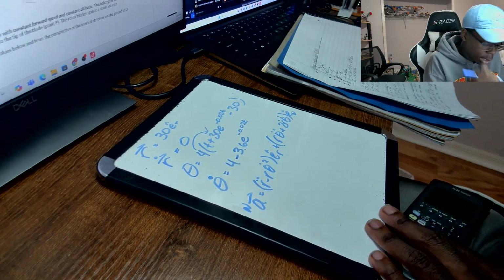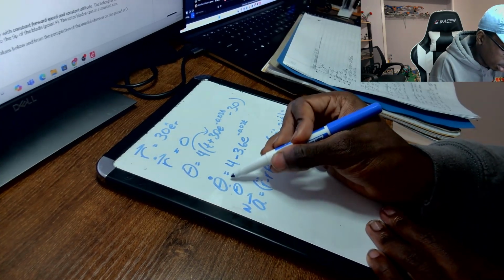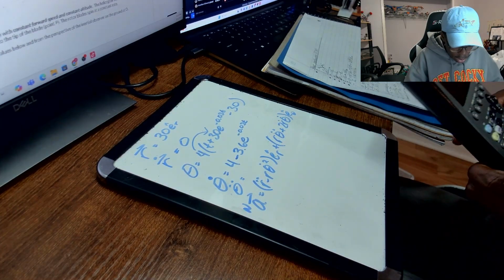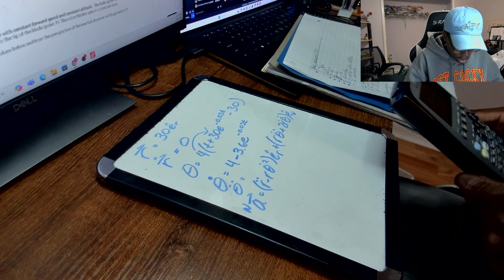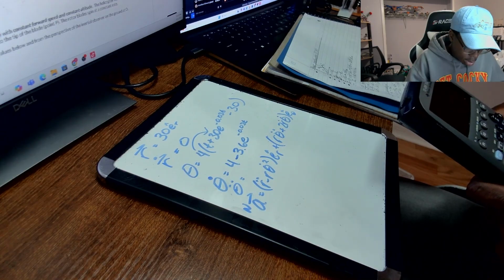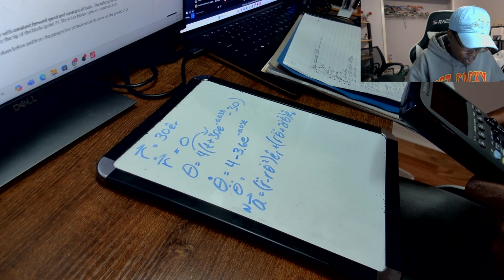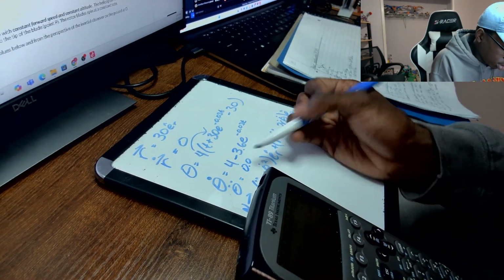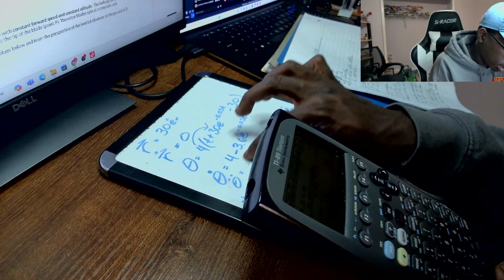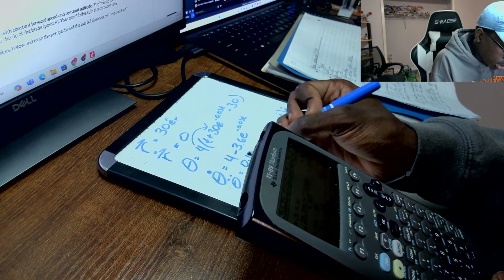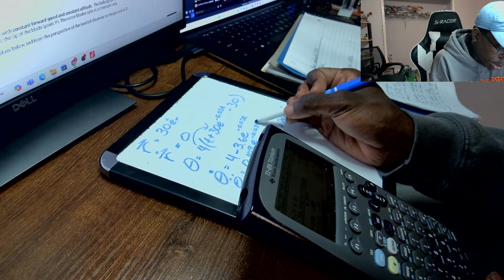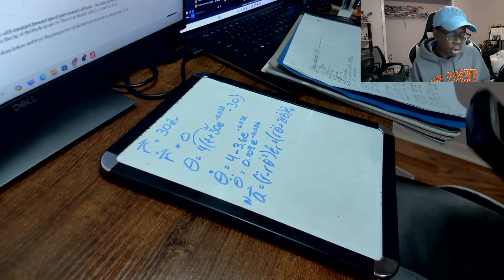So turns out we need theta double dot. So let's get that real quick. Theta double dot is equal to, what is that times negative 0.03 again? Whoa. Okay, yep. So we get 0.108 e to the negative 0.03t as our theta double dot.